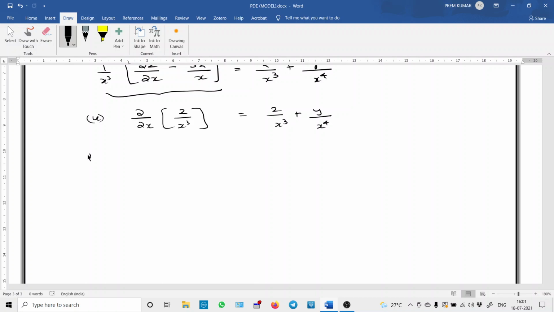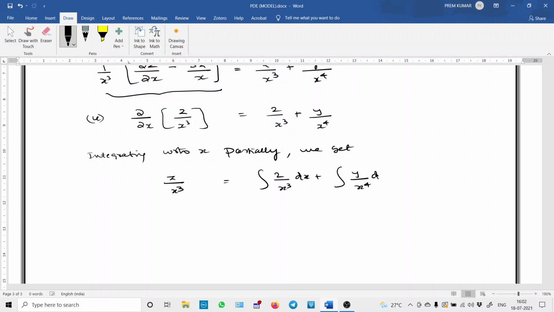Now integrating with respect to x partially, we get z/x³ on the left hand side. The right hand side we also integrate with respect to x partially. Since we are integrating with respect to x partially, y must be a constant, so the constant of integration we write as some function of y.